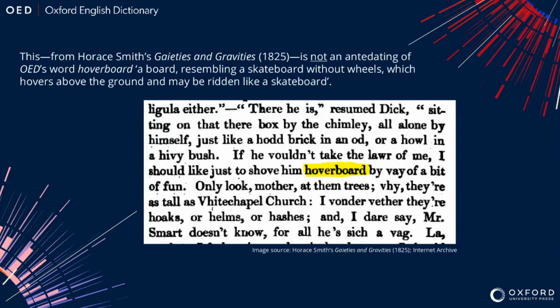When I was recently checking in the Internet Archive for antedatings of the late 20th century science fiction word hoverboard, which became well known largely through its use in the movie Back to the Future 2, I was briefly excited to find the word in a book published in 1825. But as you can see, although it's the same sequence of letters, it's not the same word at all. It's representing a particular way of pronouncing the word overboard.